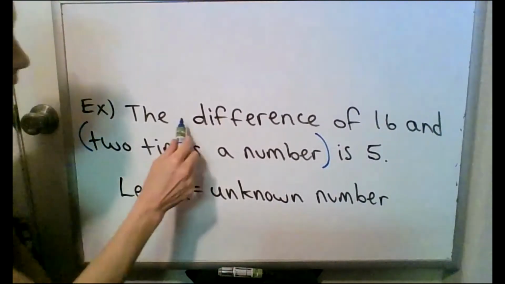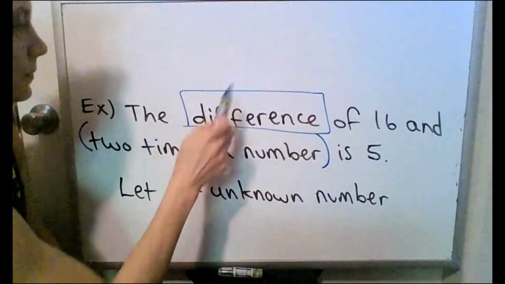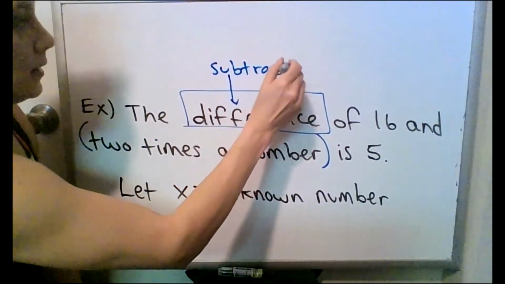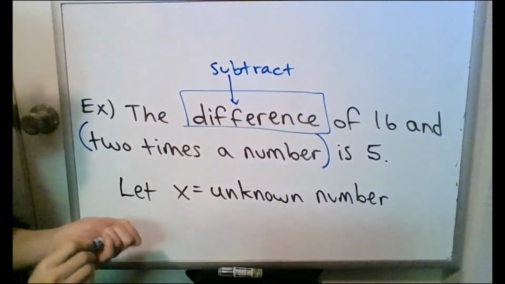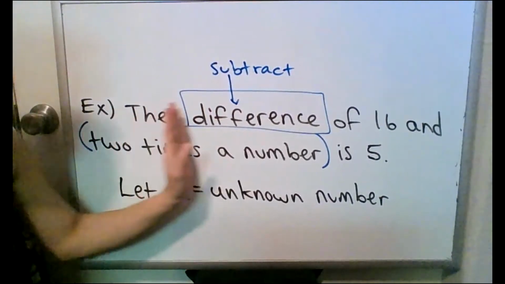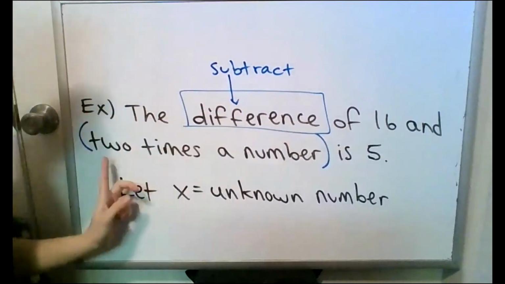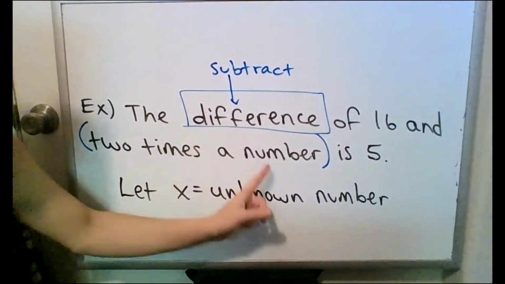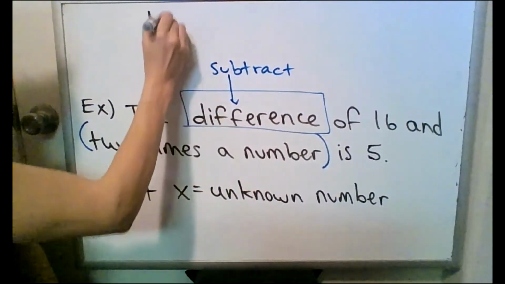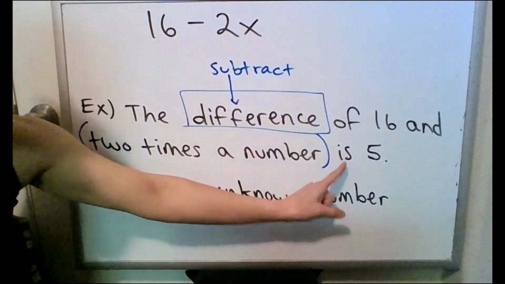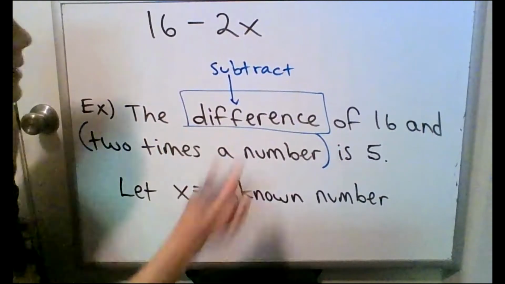And for difference, we're going to subtract: from 16, we're subtracting this 2 times x. And it equals 5.